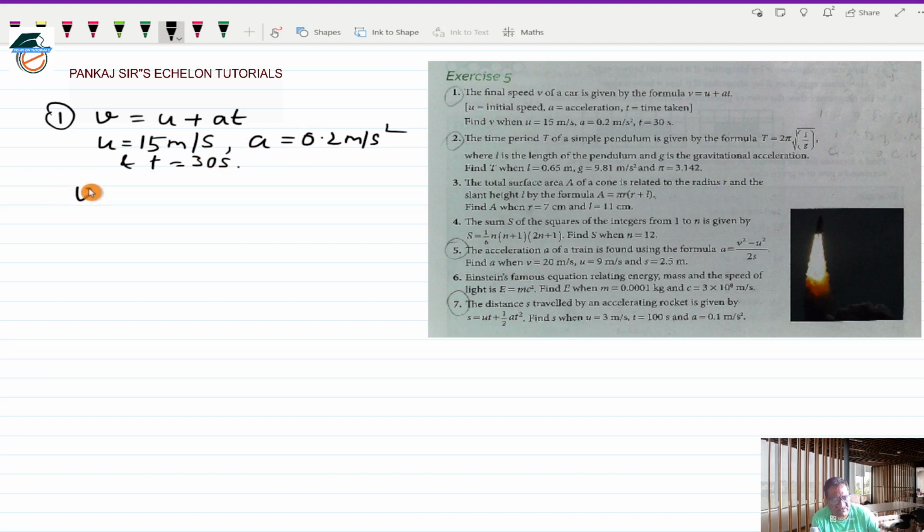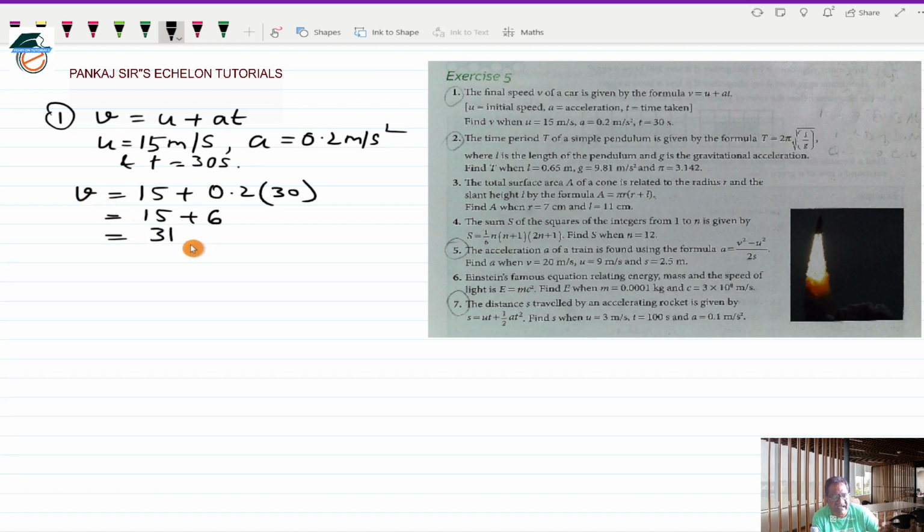So v will be equal to, instead of u I'll put 15, plus a is 0.2, and t is 30. Now if I work this out, it will be 15 plus 30 times 0.2. 0.2 multiplied by 10 is 2, and 3 twos are 6, so it is 6. Then 15 plus 6 is, sorry, 21, not 31.